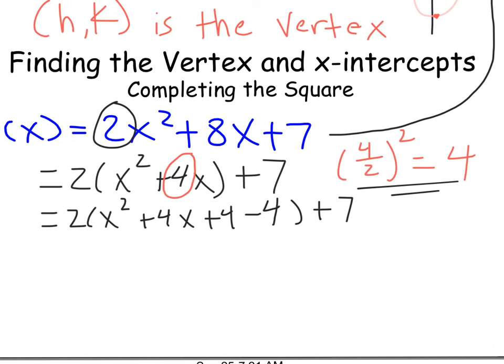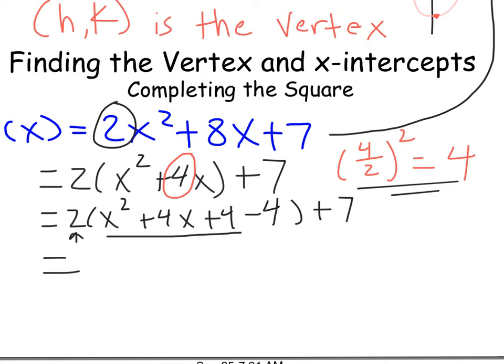Now my minus 4 is hanging out inside the parentheses, which I'm not okay with. I just want this part right here, because that's the part that's going to factor into x plus 2. So with these parentheses, I need to kick out the negative 4. But remember, right now it's inside the parentheses, and there is a 2 out front.